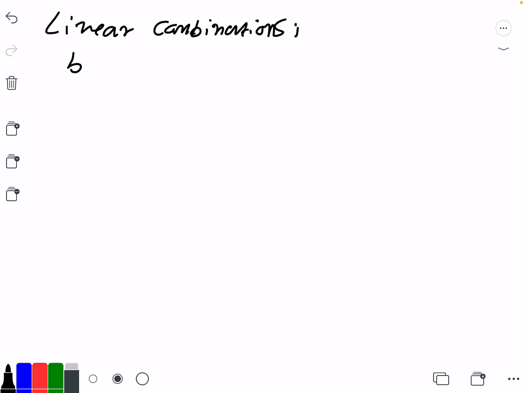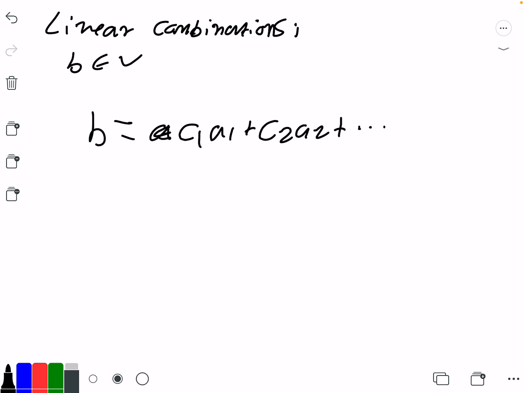So some vector b in our vector space V, in general, V is going to denote our vector space from now on, is called a linear combination if we can write b as a sum of like C1A1 plus C2A2 plus ... CKAK, where our AK are vectors and our CK are scalars.